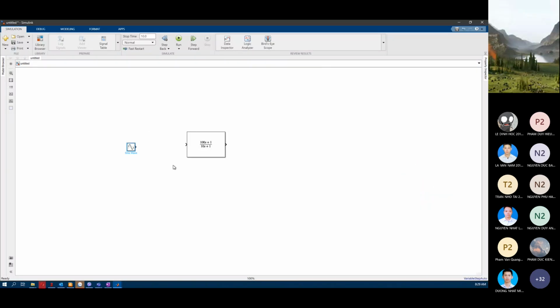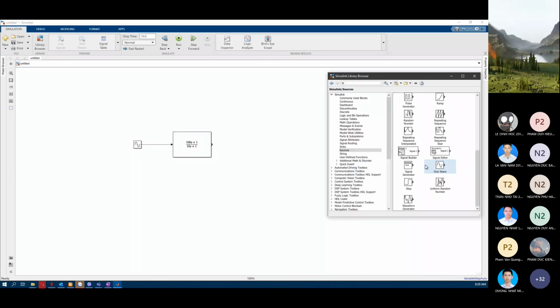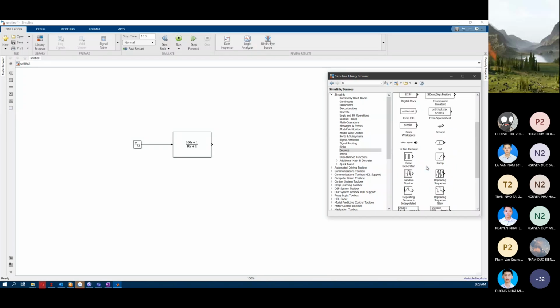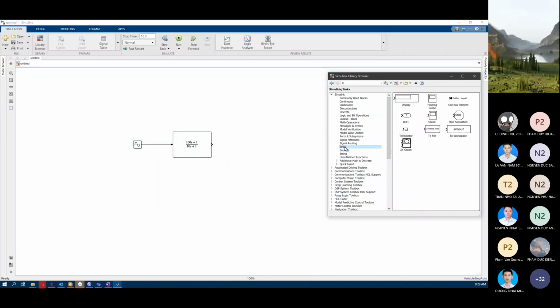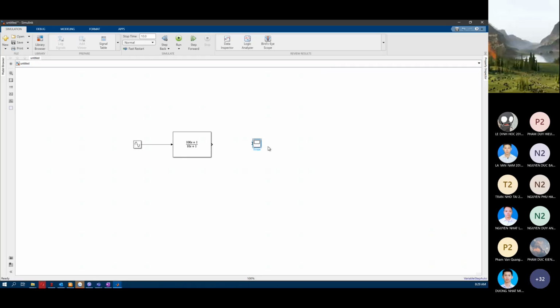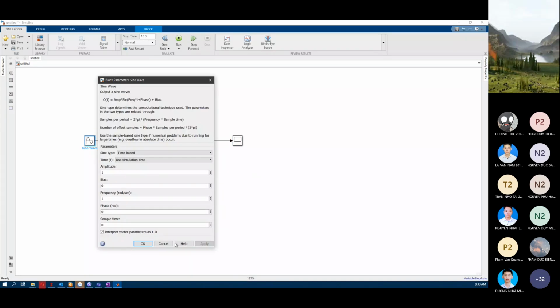Okay, and at the output, I will use a scope, that's here. Okay, and then we have the input.